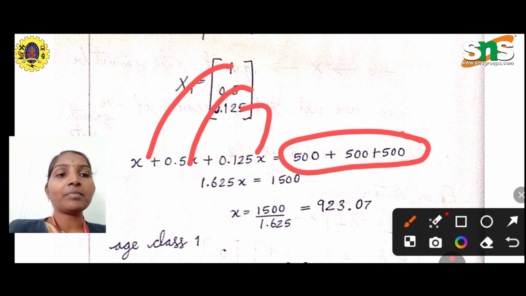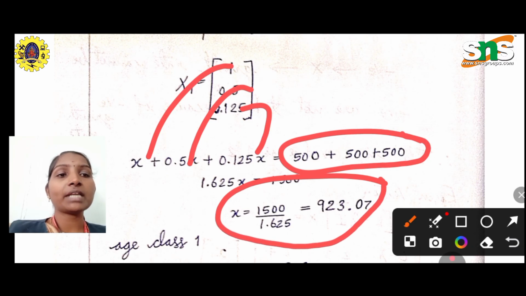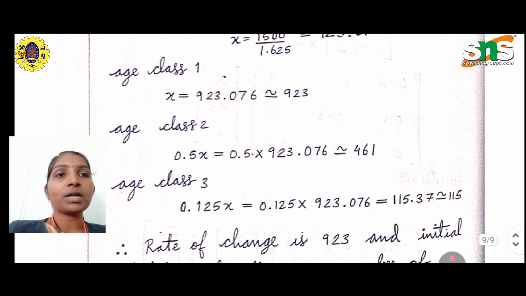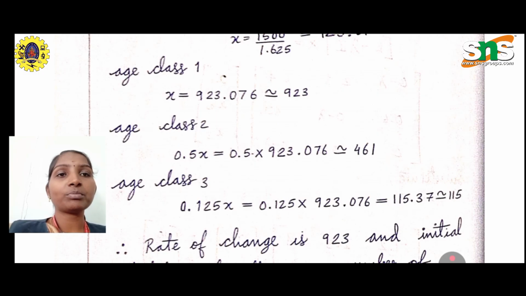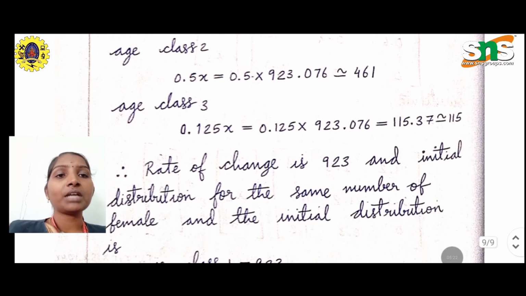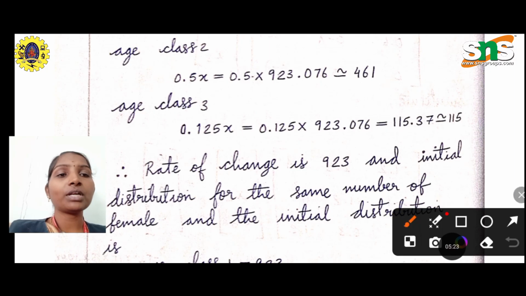On adding it up, we have the value of x to be 923.07. So finally, what is in age class 1 for the initial distribution to be in the same proportion? It is 923. In age class 2, it is 0.5 into x, so on multiplying it, you will have approximately 461. And finally, it is 0.125 into x and it is 115.